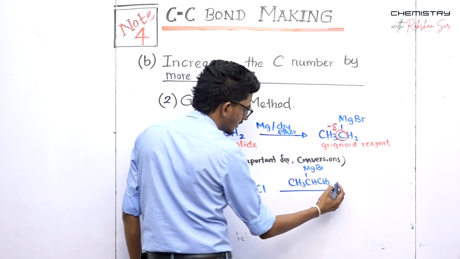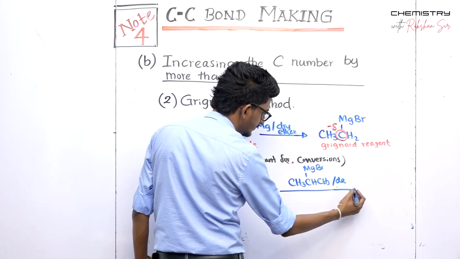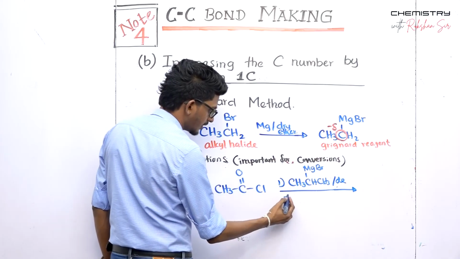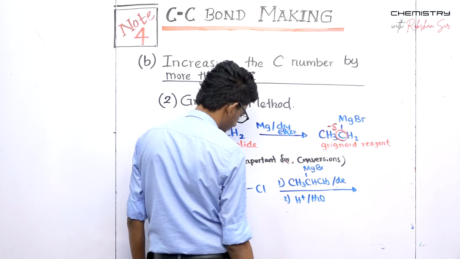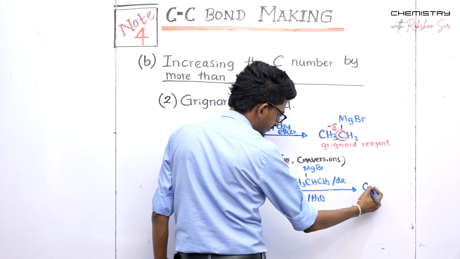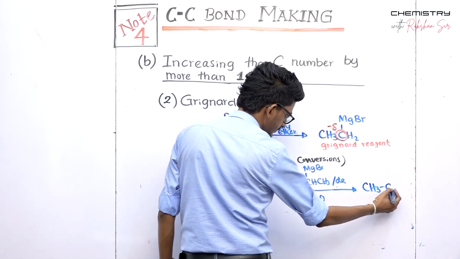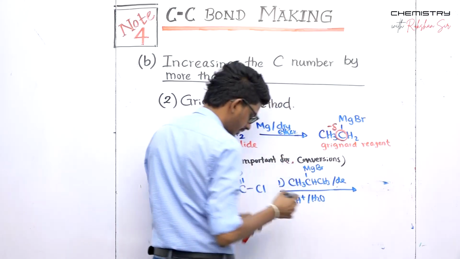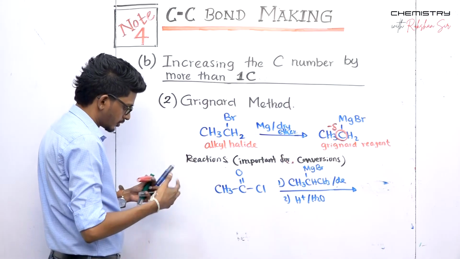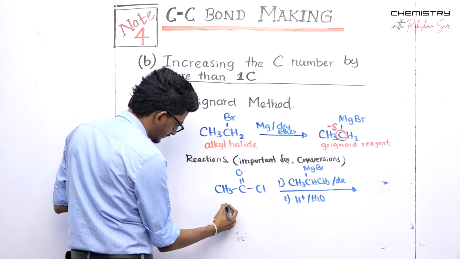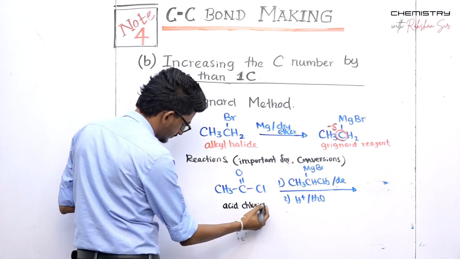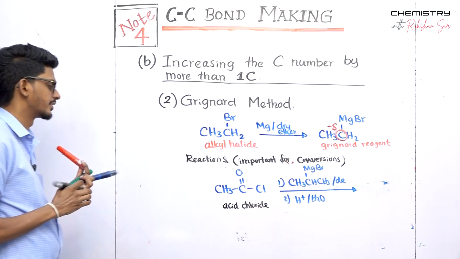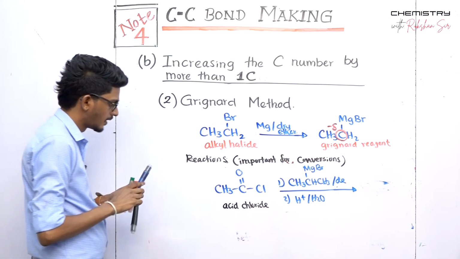This is added in a dry ether medium, followed by H plus and H2O. See what will happen. So this is the acid chloride.